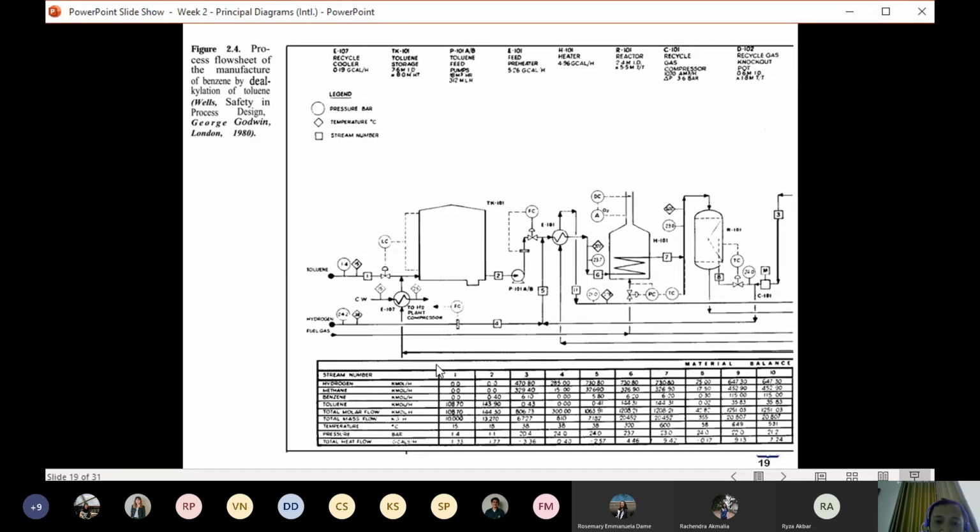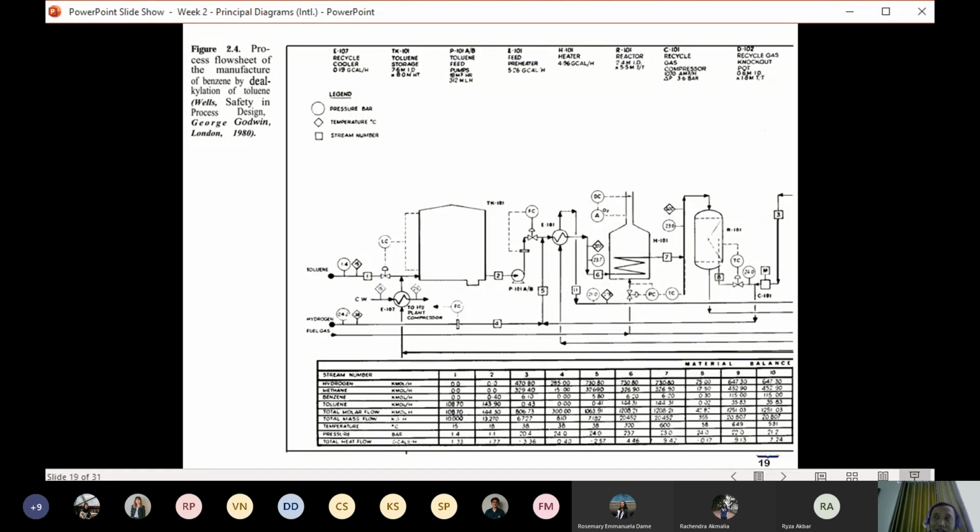So when you want to know the data for stream number 1, for example this one, just go to stream number 1 in the table and you will see the information. For example, the composition, the flow rate, the temperature, the pressure, and other kinds of information. That is the reason why the PFD has become the favorite of chemical engineers to understand the plant.